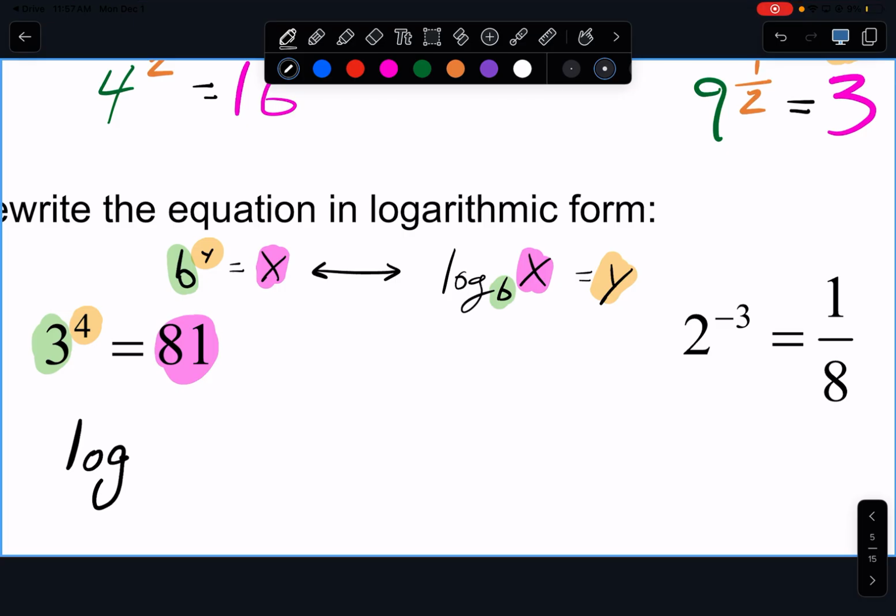The first thing I do is write log. And then my base becomes the subscript of my log. So I put a 3 there. My 81 goes here, and then equals y, which is 4. So now we've turned the exponential form into logarithmic form.